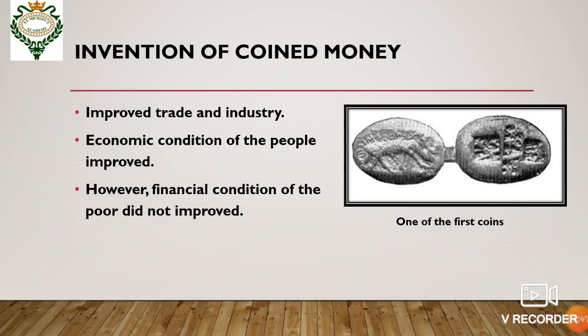Thus, the previously existing barter system had given place to sale with actual exchange of money, which improved trade and industry, and as a result, economic condition of the people developed. However, financial condition of the poor did not improve with this invention.